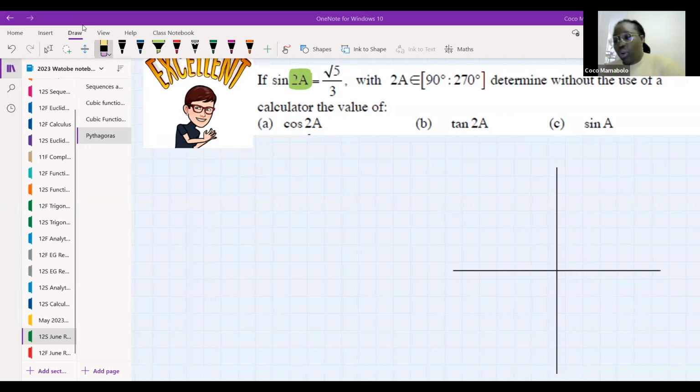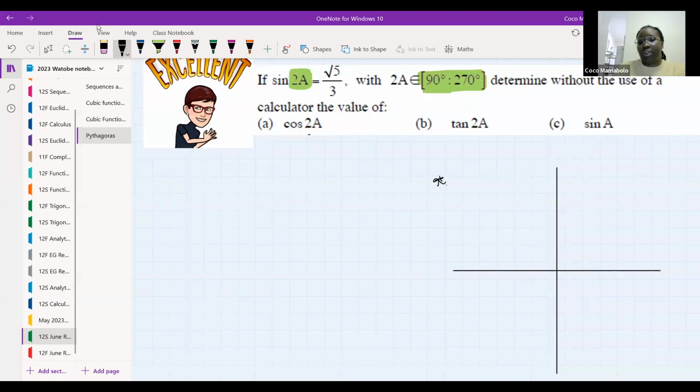All right, guys, I'm going to call it. Let's have a look at these questions over here. They've defined sine of 2A for us, but they've told us that 2A lies between 90 and 270, which means that it should lie either in the first or the second quadrant, but we know the first quadrant is not included, so it's definitely going to lie in the second quadrant, right?